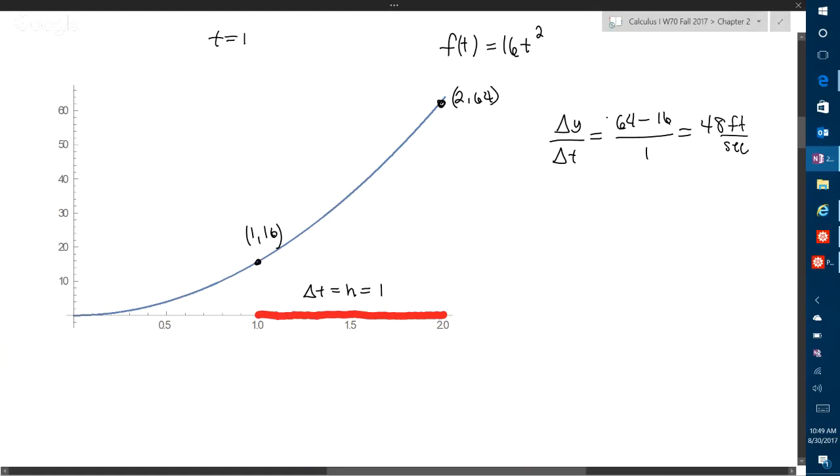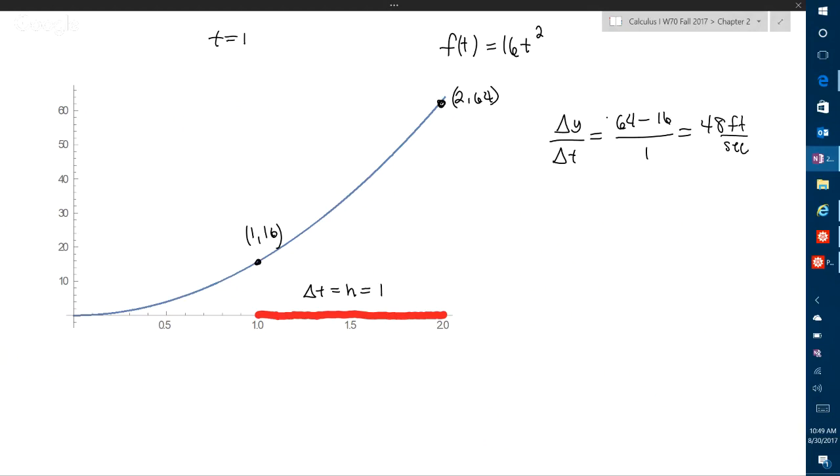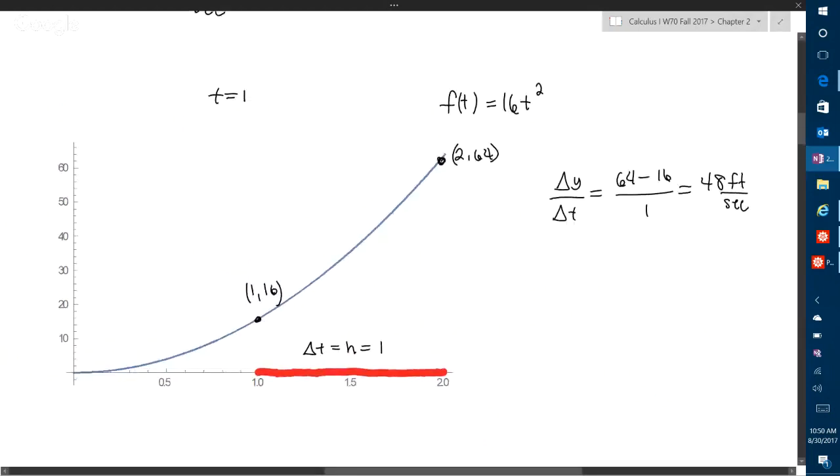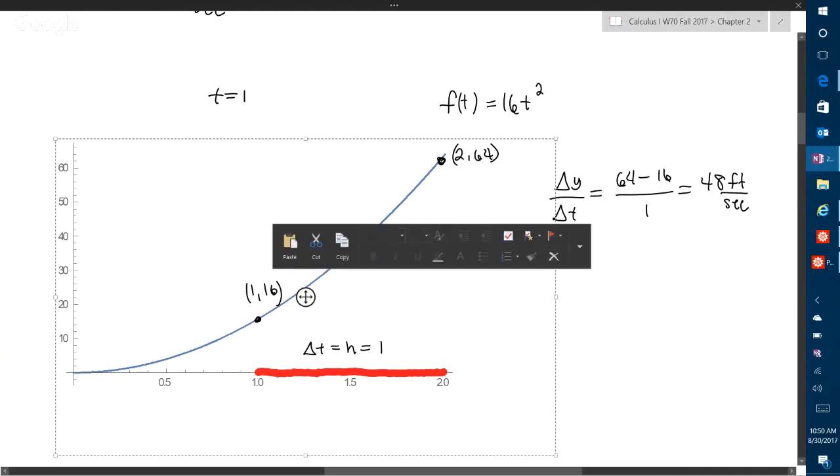But like I said, we're going to shorten this interval. We're going to make it smaller and smaller. So what we'll do next is let's do it again, but let's make our interval from 1.0 to 1.5. Let me at least make one more graph.